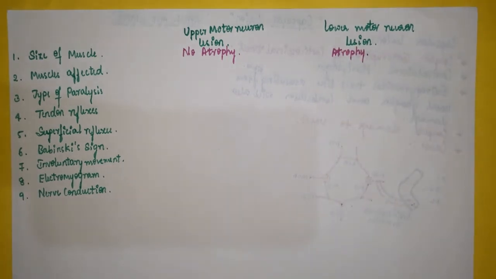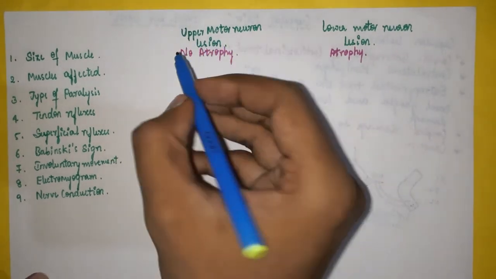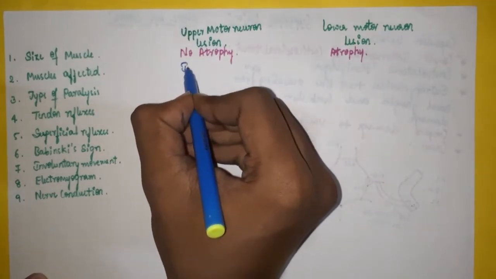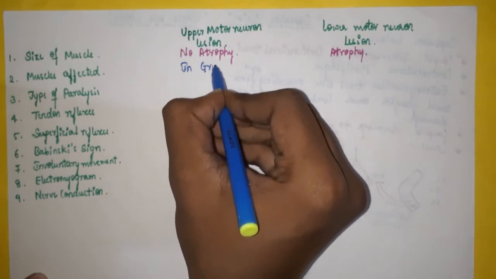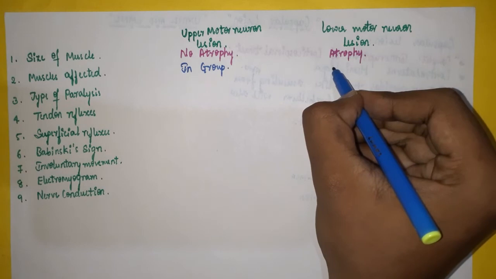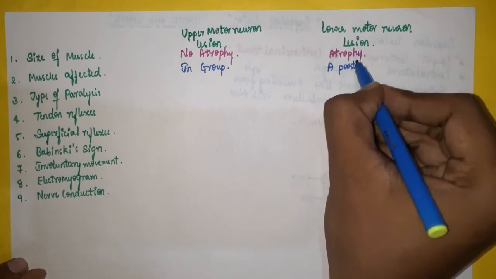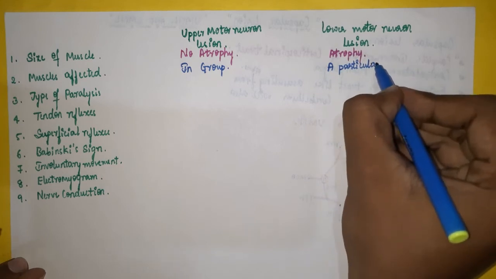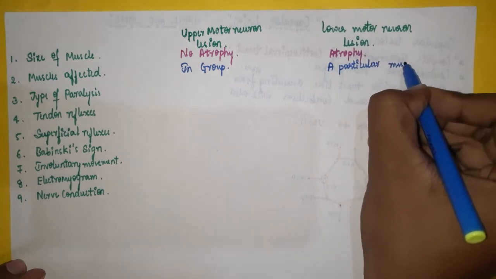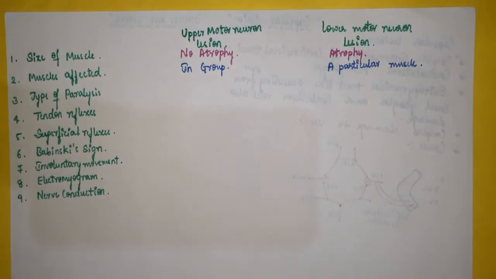Okay. Now, muscles affected. In the upper motor neuron lesion, the muscles affected are in groups.